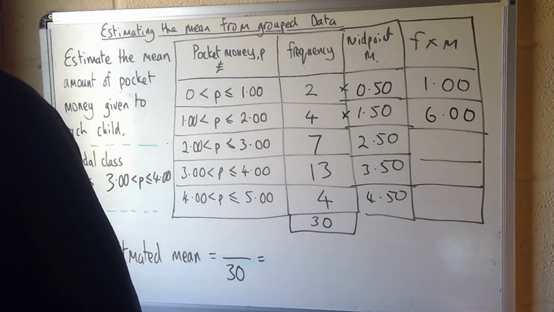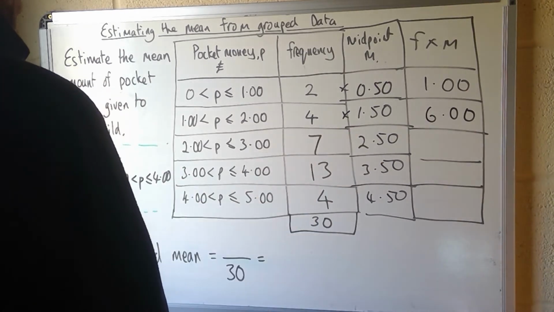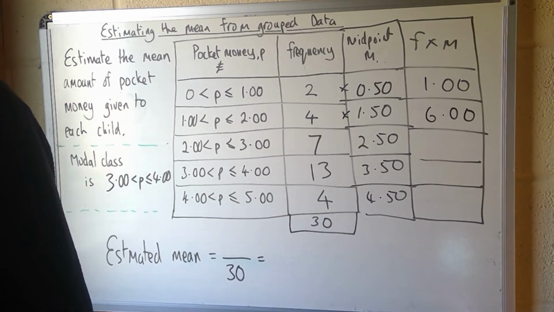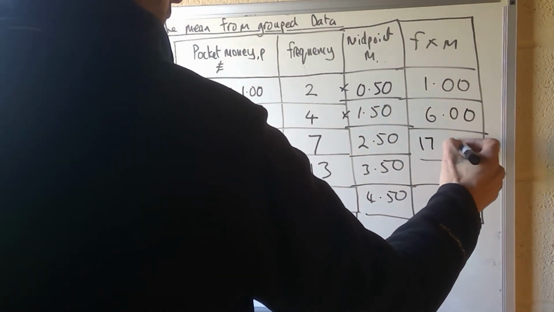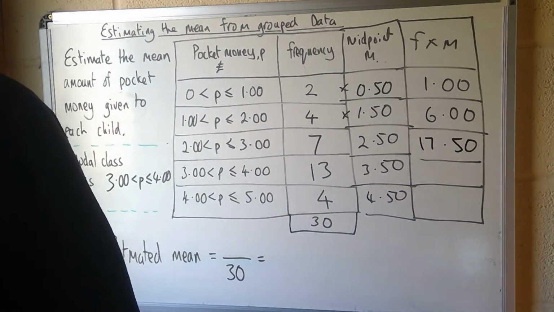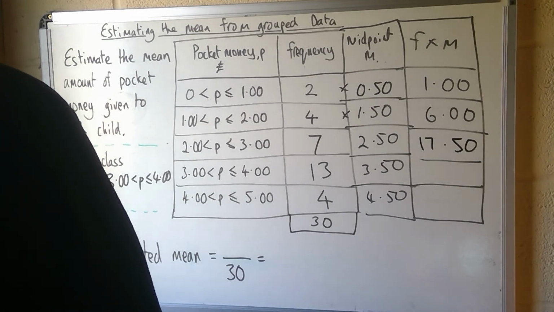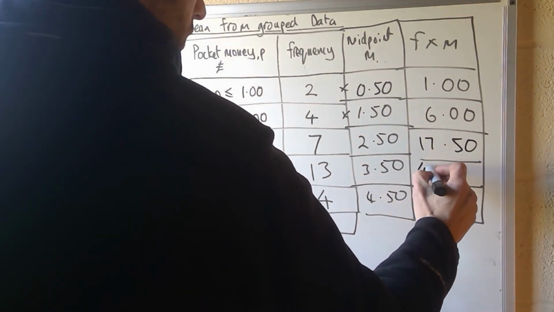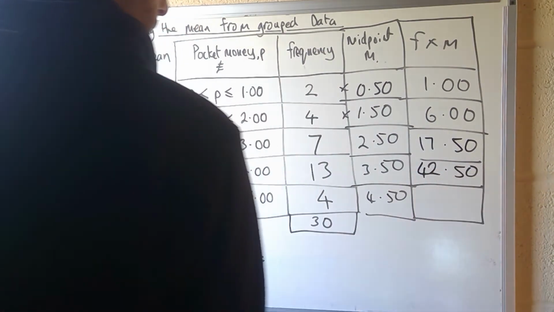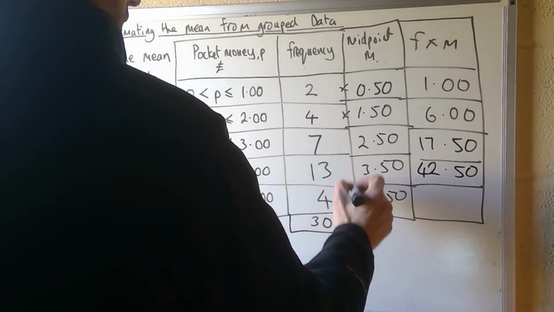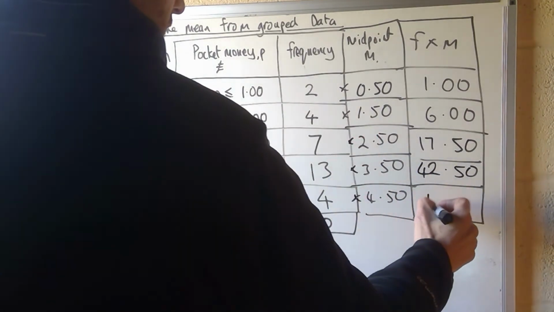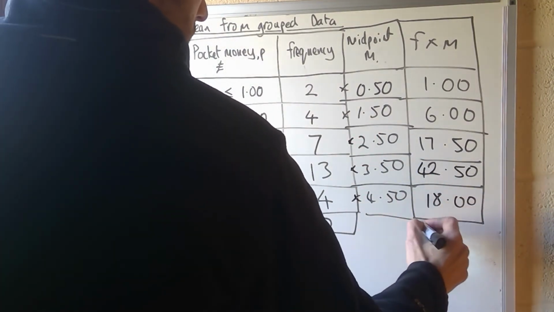7 students got £2.50, and 7 lots of £2.50 is £17.50. 13 students got £3.50, which is £45.50, and 4 students got £4.50, so 4 lots of £4.50 is going to be £18.